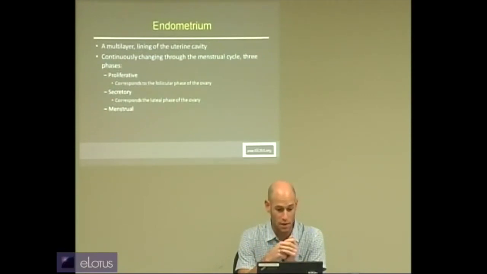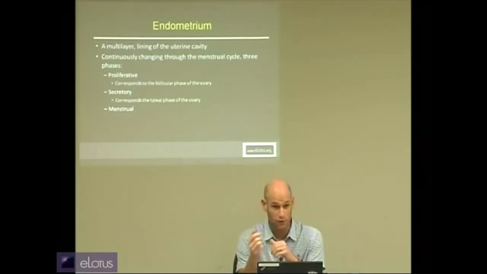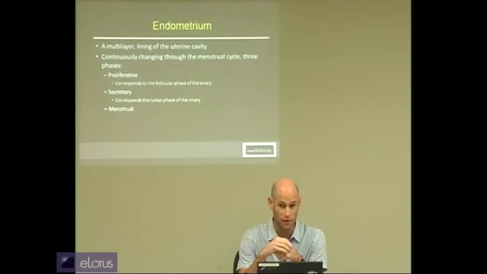There are really three main phases of the endometrium: the proliferative phase, the secretory phase, and the menstrual phase. These are really important because you hear doctors talk about the proliferative phase of the cycle, secretory phase, follicular phase, and luteal phase of the cycle.